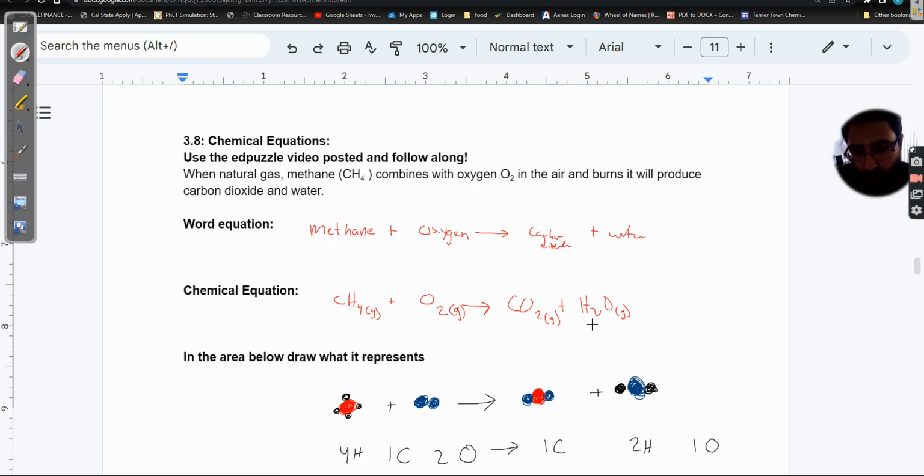So for example, we have 2 hydrogens on the right, but we have 4 on the left. So you can put a number in the front to balance it. So we put a 2 here, it doubles everything there. And now we have 4 H's. So let's erase this. Now we have 4 H's.